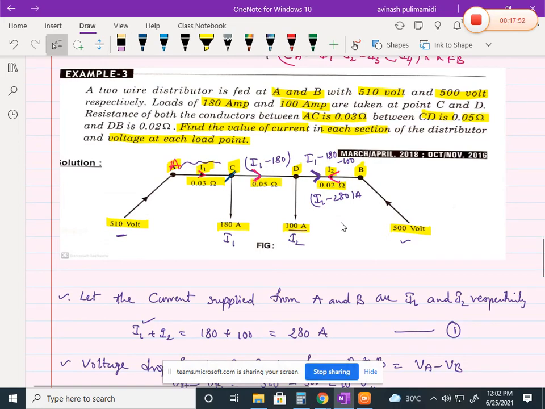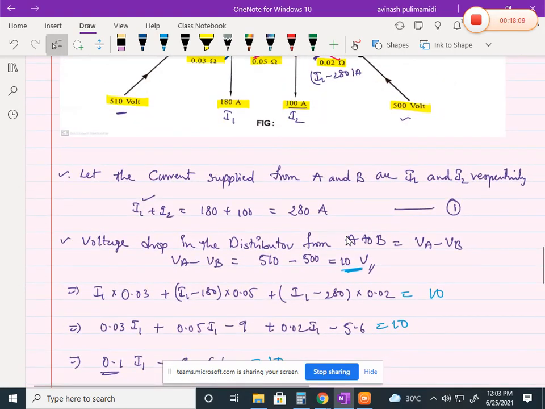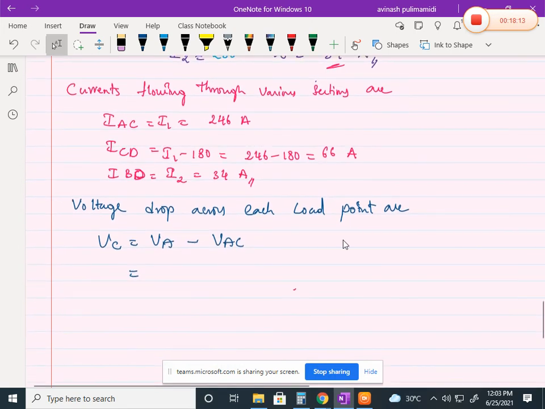Voltage drop across C means total voltage drop in AC. So VC is equal to VA minus VAC. What is the voltage at A? A voltage is how much? 510 volts.